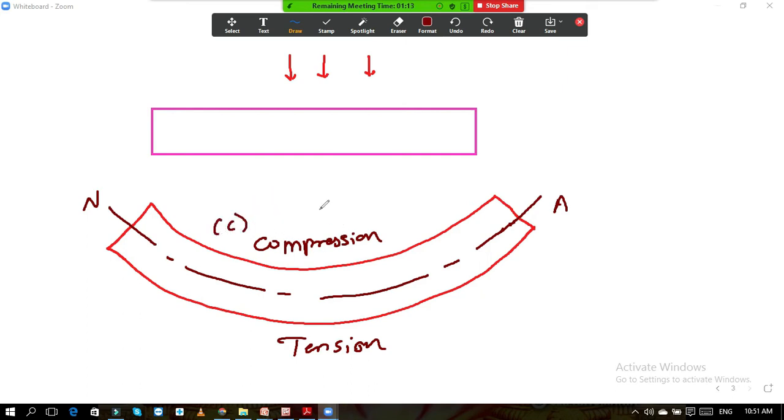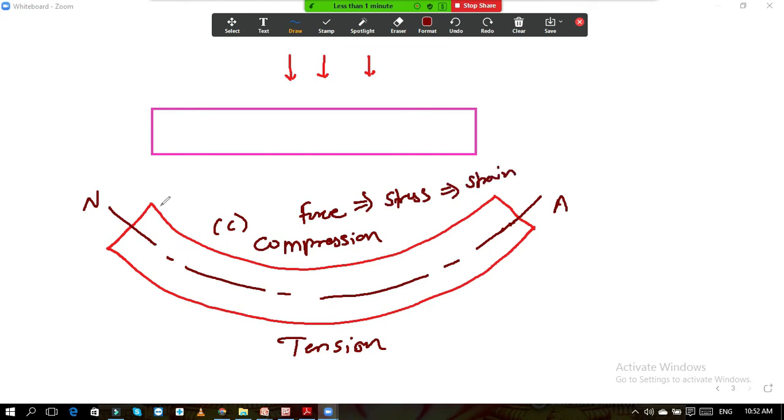Compressive force or compressive stress. So the force is compressive, the stress is also compressive, and ultimately the strain is also compressive.